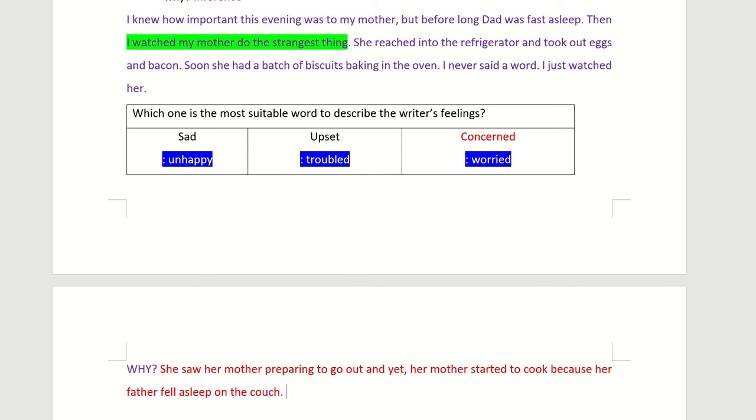Okay, so if you write an alternative answer, you can say her mother was looking forward to an anniversary dinner, but in the end she did not go out.